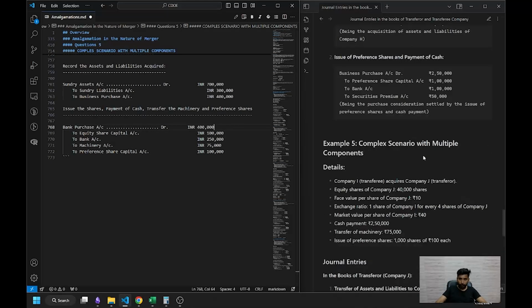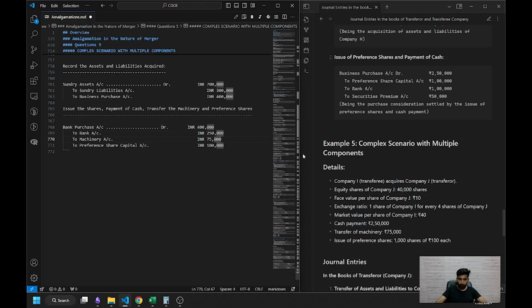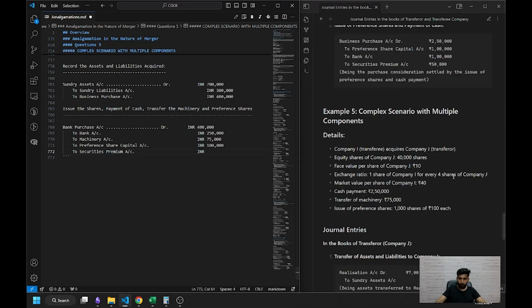Now we will calculate the securities premium first. 40,000 shares, in 1 to 4, that means 10,000 shares, and 30 premium.